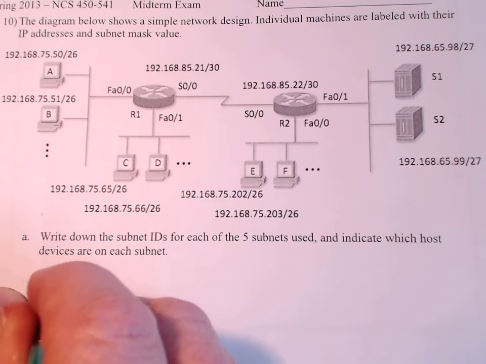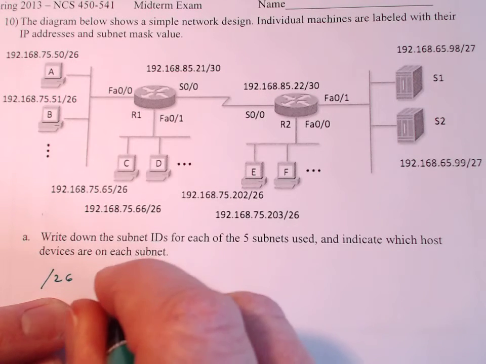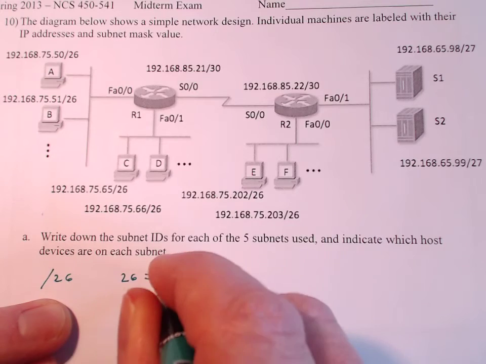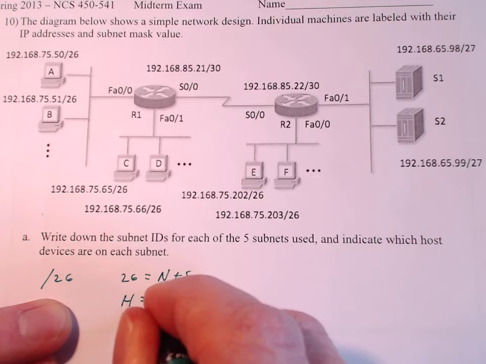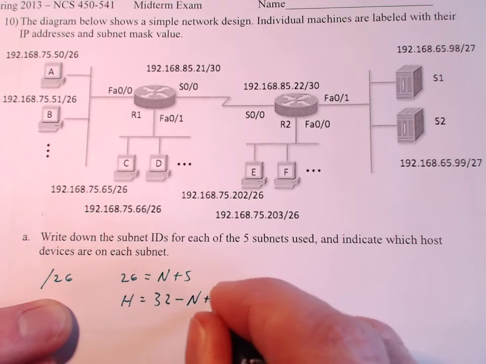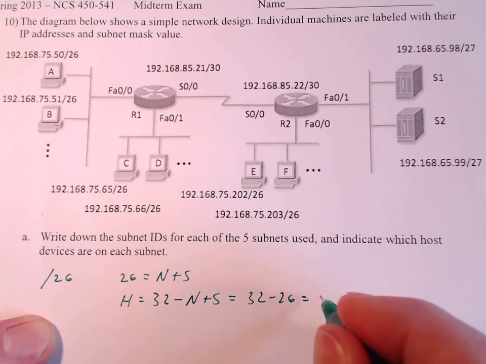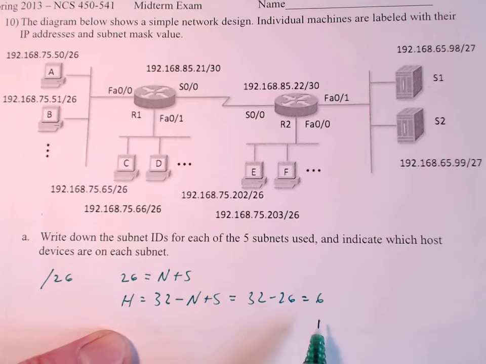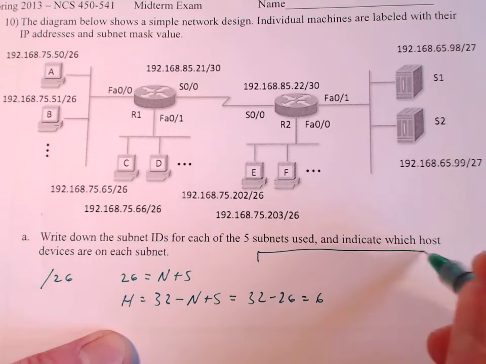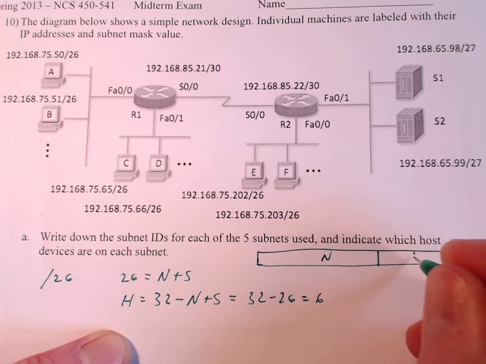First of all, I'm going to take the /26 and say that that means 26 is equal to n plus s, and therefore h is equal to 32 minus (n plus s), or 32 minus 26, or 6. An IP address is broken up into 3 parts: a network, subnet, and hosts.